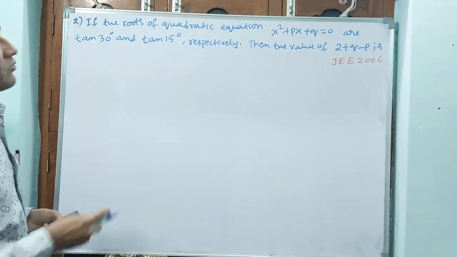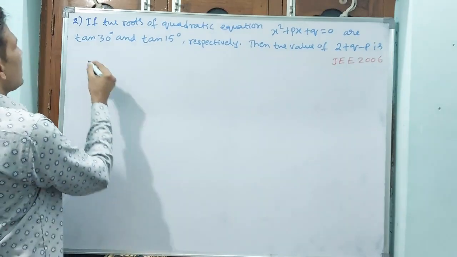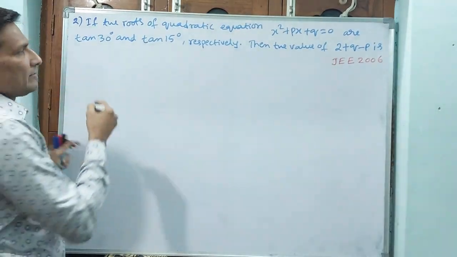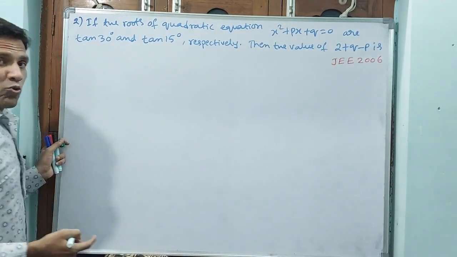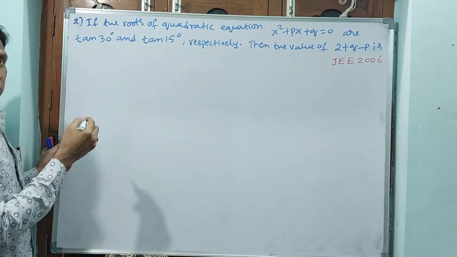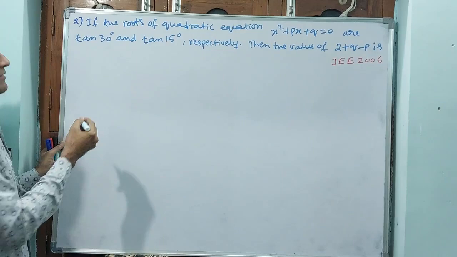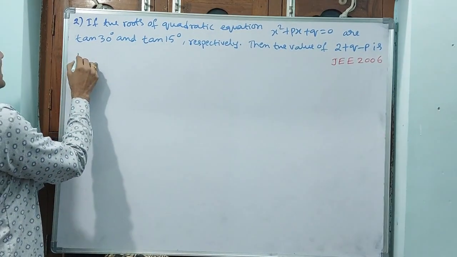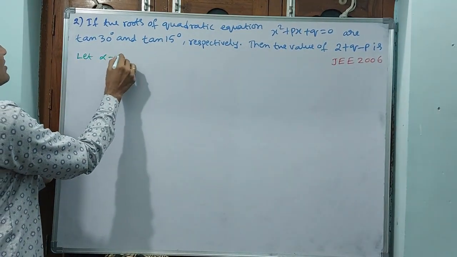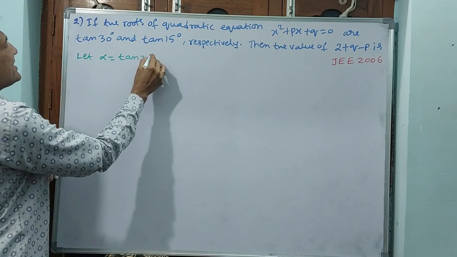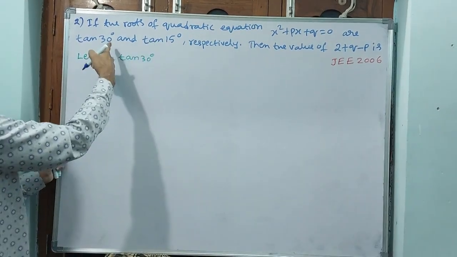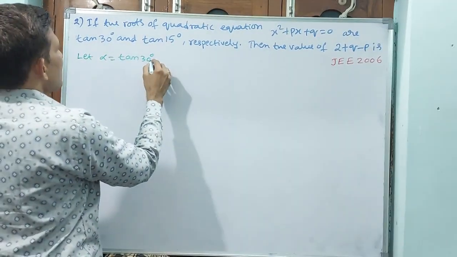We know very well that the quadratic equation has two roots, alpha and beta, and alpha plus beta and alpha minus beta are there. See what I am writing. Let alpha be equal to tan 30 degrees, because they are telling two roots. One is alpha, another one is this one.